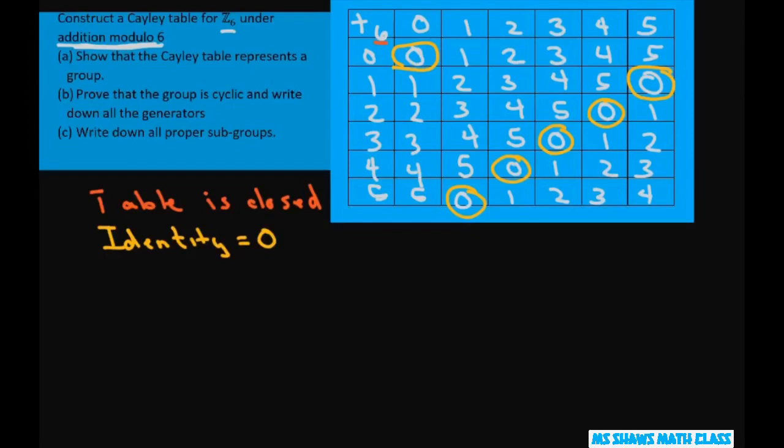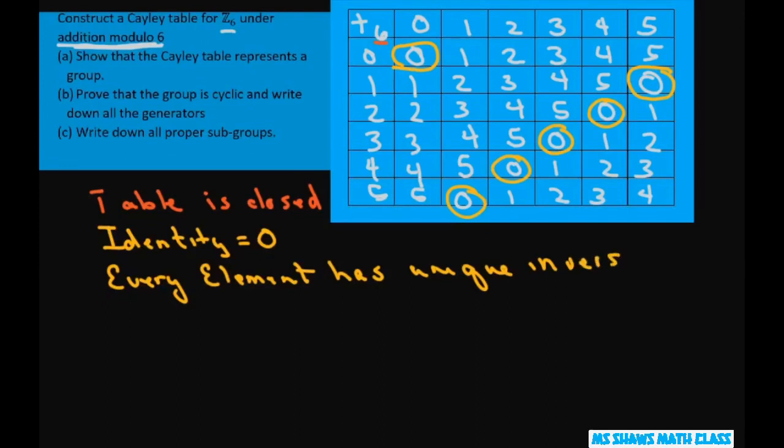That means every element in the group has a unique inverse. All right? And addition is associative.